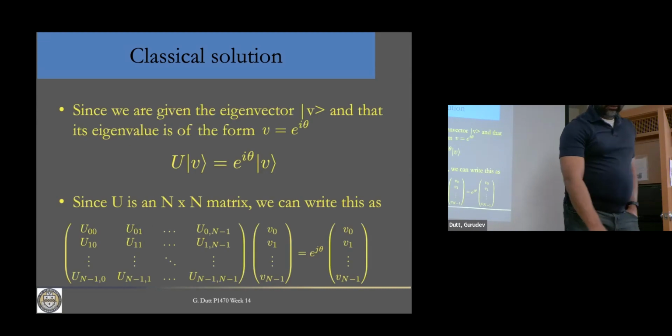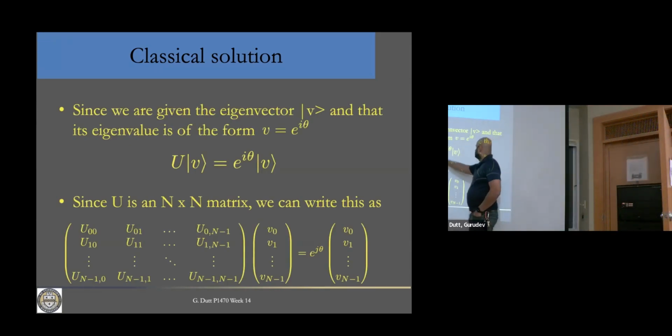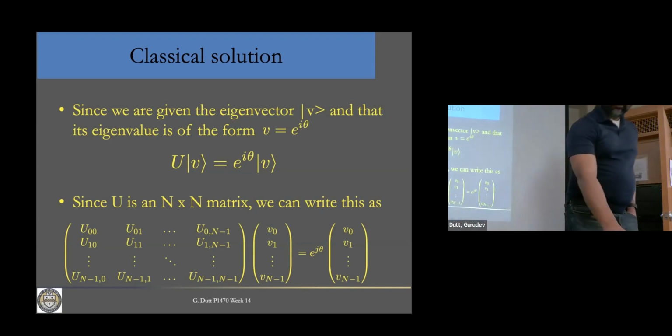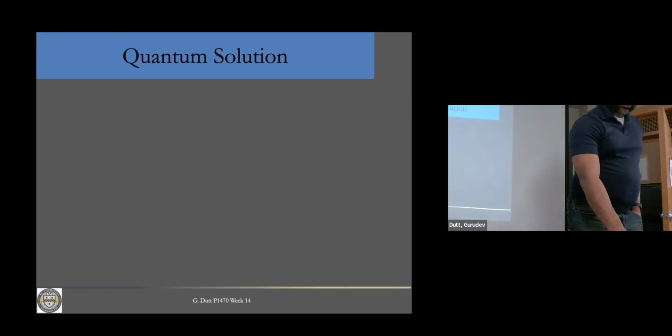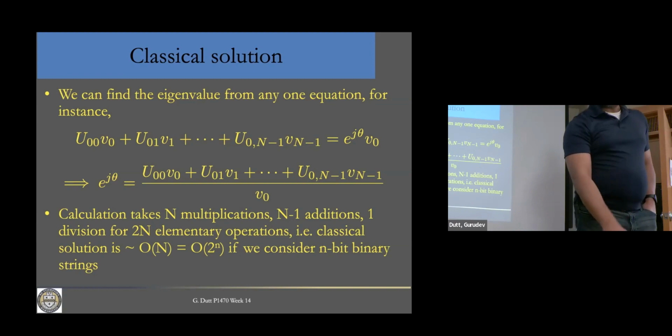If you go back here, if you represented some matrix over n-bit binary strings, then this is where the complexity comes from. There will be 2 to the n terms times 2 to the n terms in that matrix.